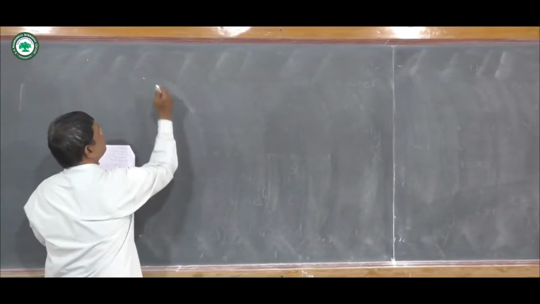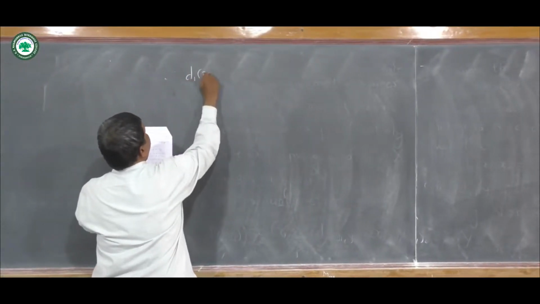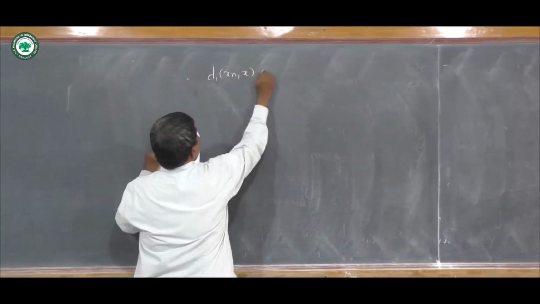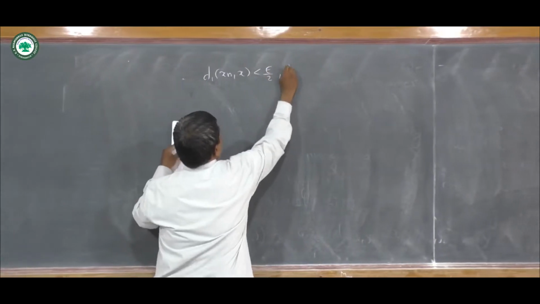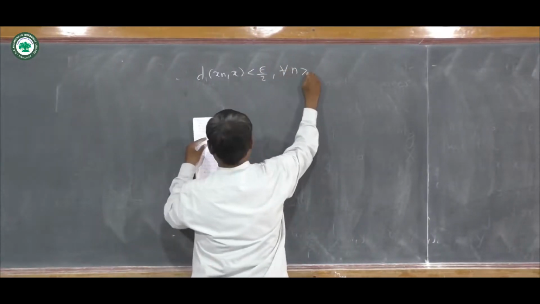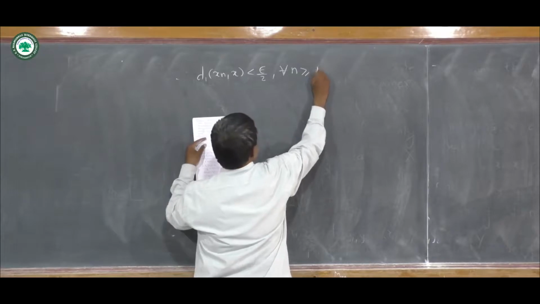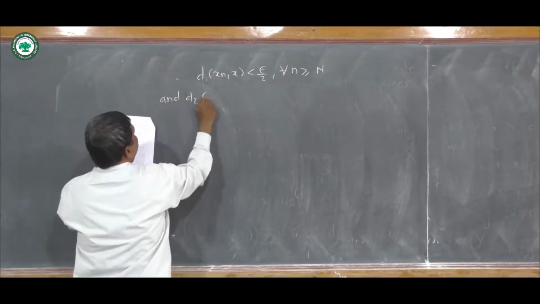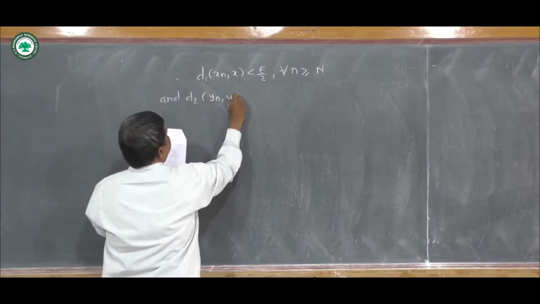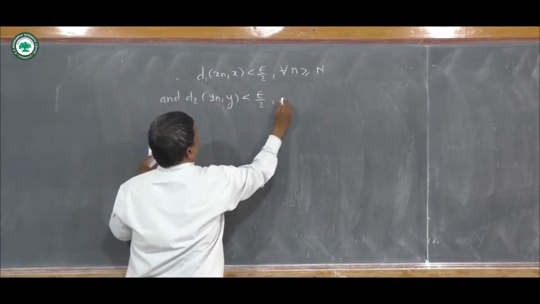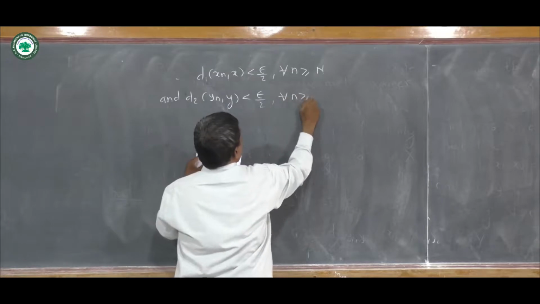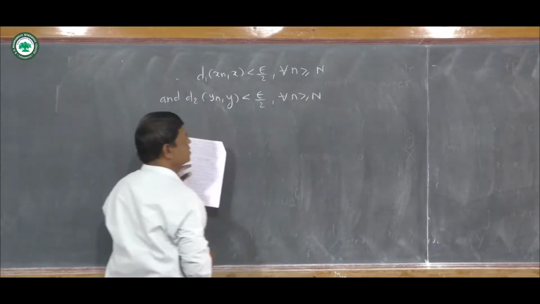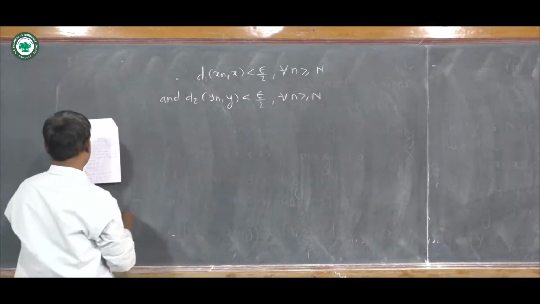So therefore we write d1 of xn comma x is less than epsilon by 2 for all n greater than or equal to n, and d2 of yn comma y is less than epsilon by 2 for all n greater than or equal to n, where n is the maximum of n1 and n2.